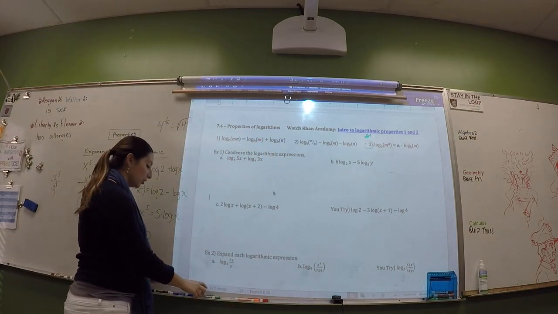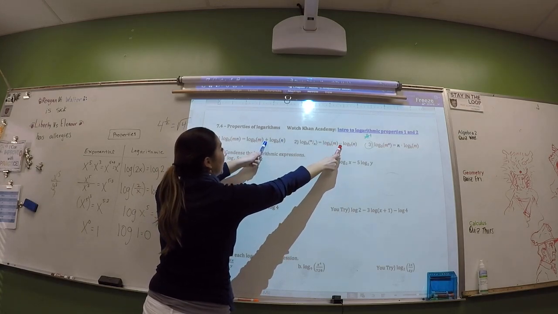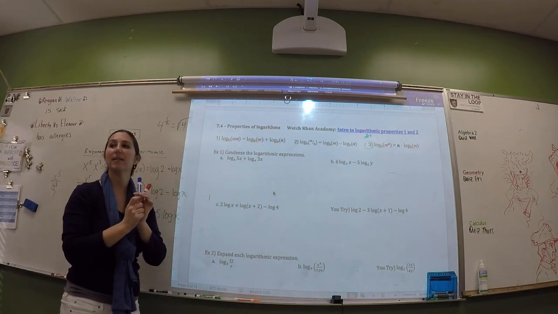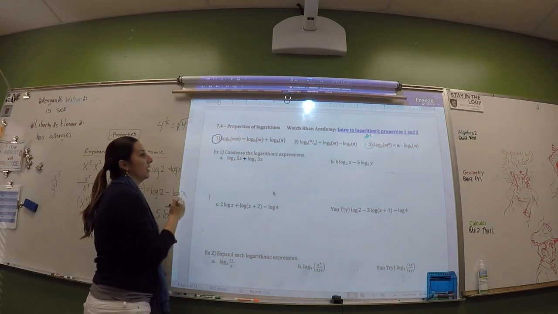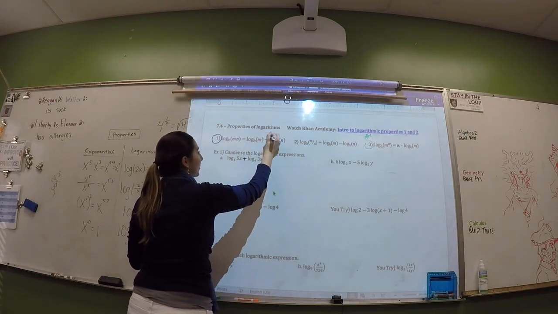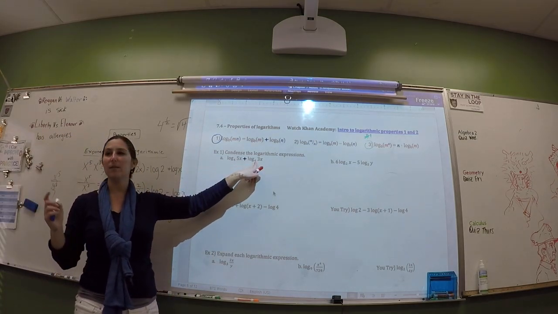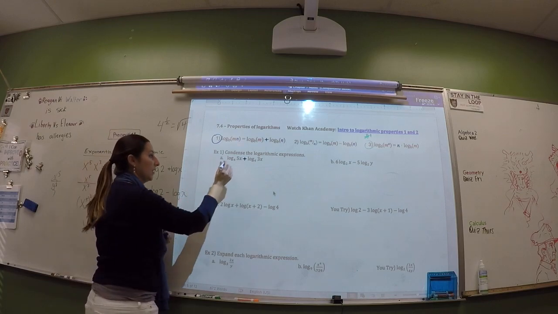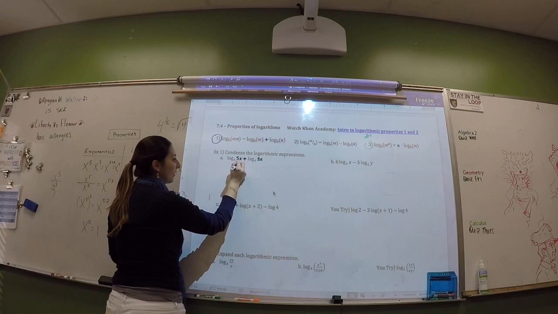So step 2, you're going to check the sign in between. Is it a plus or a minus? It's a plus. If it's a plus sign, that means we're allowed to use the product property of logarithms, which says if we have 2 logarithms with the same base, which we do, we can take these 2 and multiply them together.